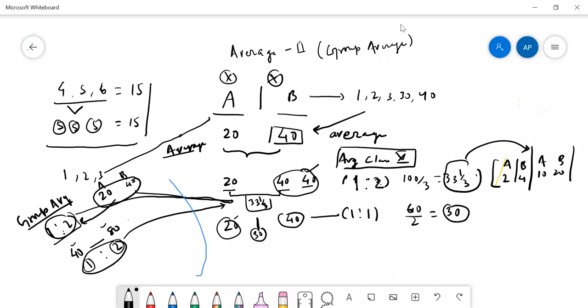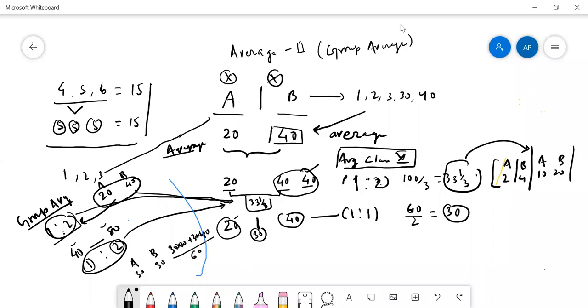You can check it through different values of the 1:1 case. Let's say group A has 30 students and group B has 30 students. The average will be 30 into 20, the total marks group A has got, plus 30 into 40, the total marks group B has got, divided by 60.